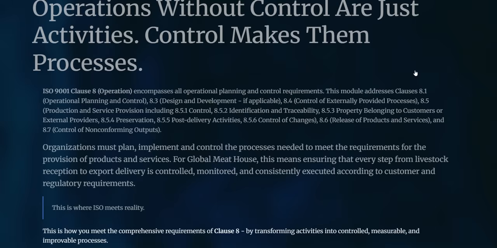This is where ISO meets reality, and this is how you meet the comprehensive requirement of ISO Clause 8 by transforming activities into controlled, measured, and improvable processes.